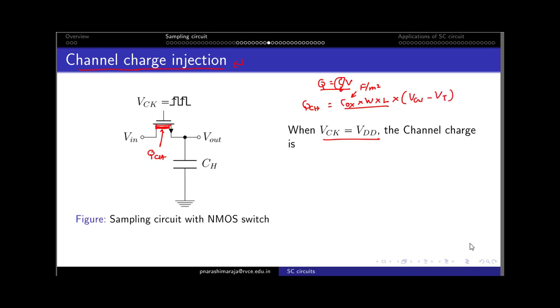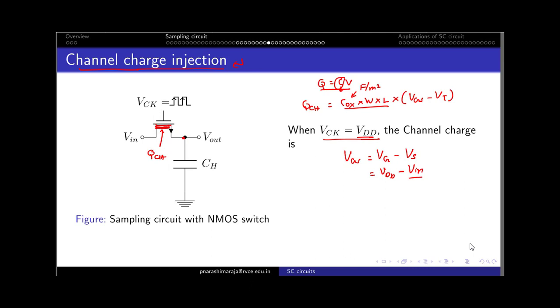We can represent VGS as VG minus VS, where VG when on is connected to VDD, so I can replace VG with VDD. What is available at the source is our Vin, so I can replace VS with Vin, and this is the effective value of VGS.